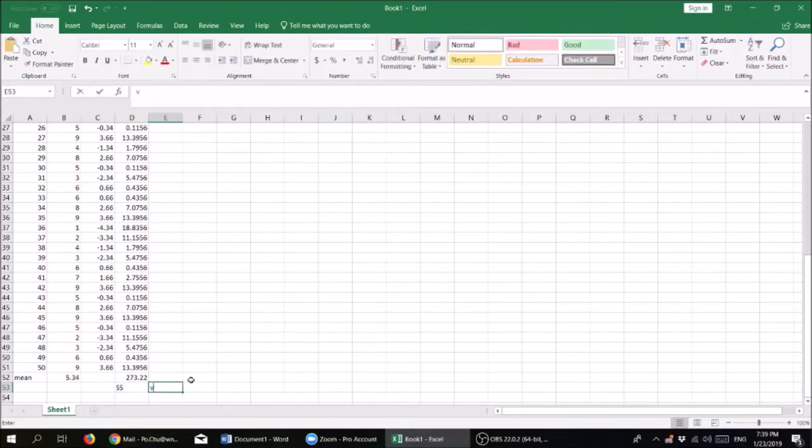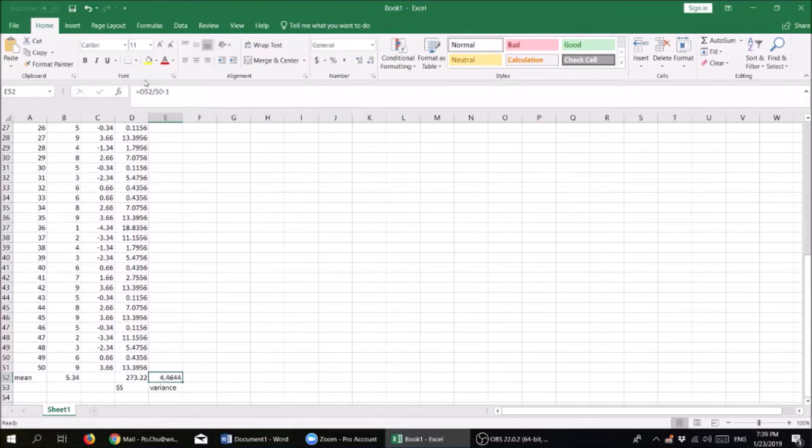Now, how about variance? Most of you know how to do that. So you use equal sign, and then divide this by degrees of freedom. Some people want to do a fancy one, right? So they use 50 minus 1. They do that, and you'll be wrong. That is not the correct value.